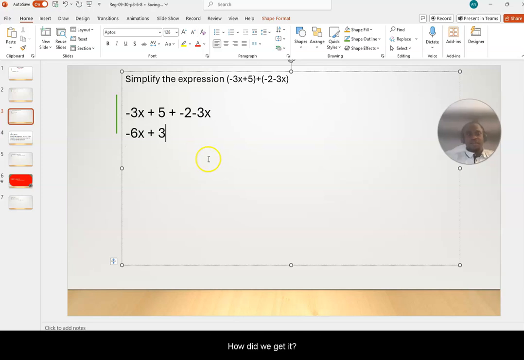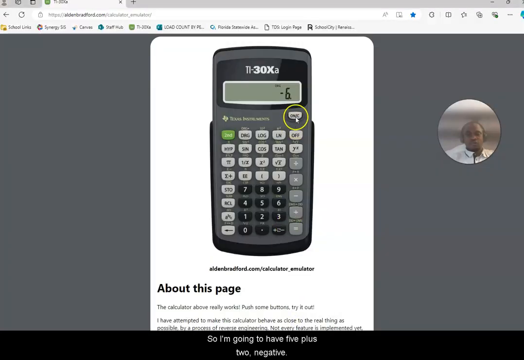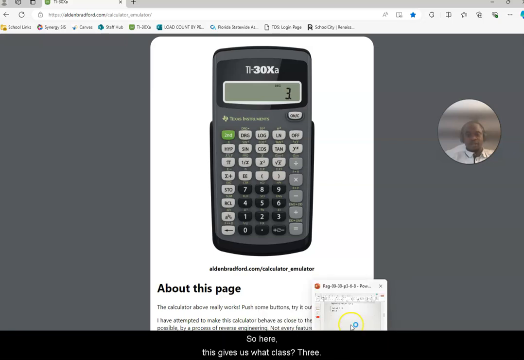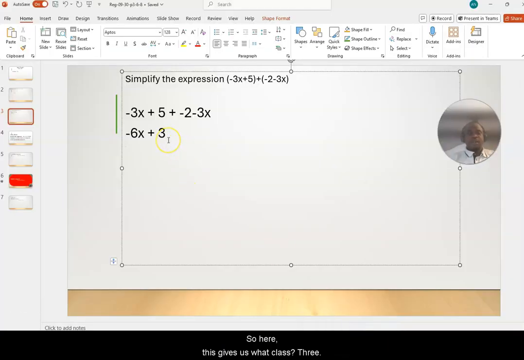How did we get it? Now let's go back to our calculator. 5 plus 2 negative. This is how you press on this particular calculator. Alright, so this is going to give us what? 3. This is what we are using, so we need to learn how to use it. Alright, so here this gives us plus 3.